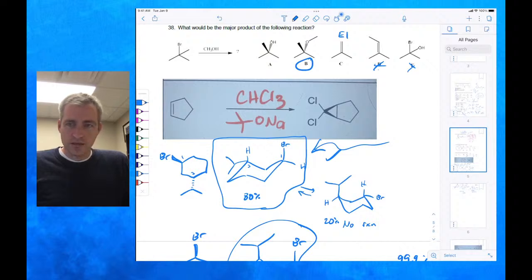The next reaction is this one here. This one was sent to me as a screenshot from a previous exam. This one is on the list of things that we are canceling for this particular year. So yeah, this is a carbene reaction.